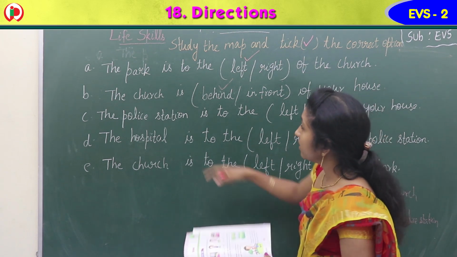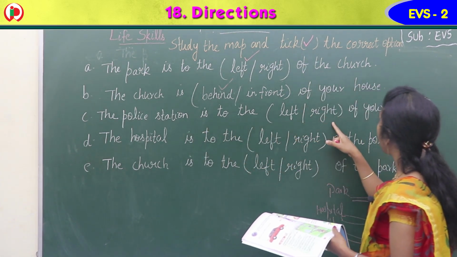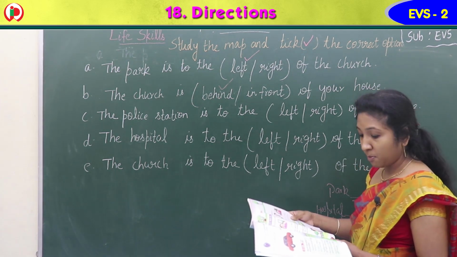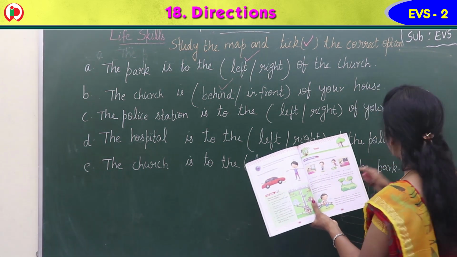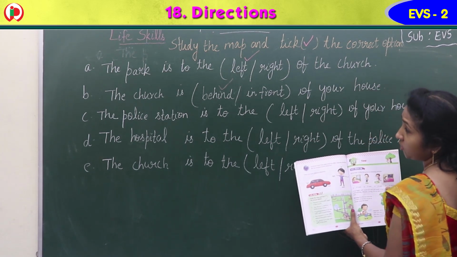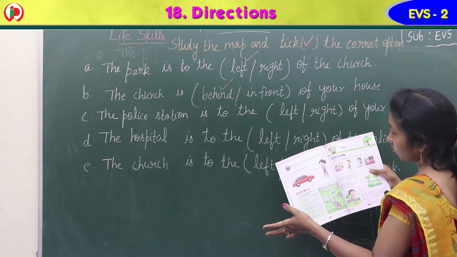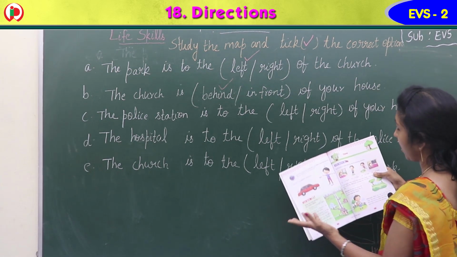Now, the police station is to the left or right of your house. You should imagine that you are in the police station. So the police station is to the dash of your house. Left or right, you have to write.